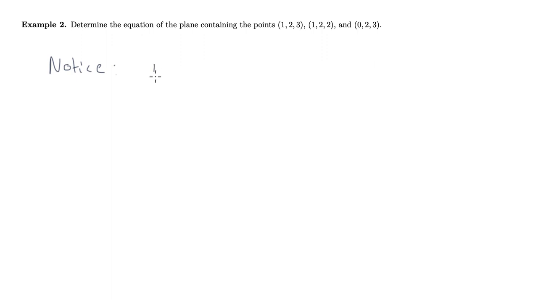So notice that we have a vector u, and well, we have a few options. We can definitely take (1, 0, 0). That's the vector connecting this point and this point. And then we have another vector, (0, 0, 1), that's the vector connecting this point and this point.